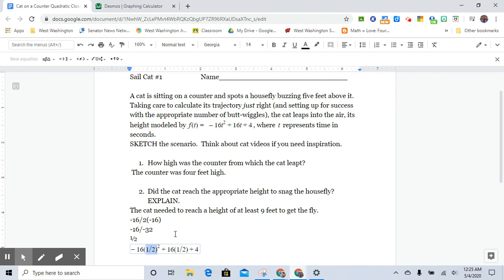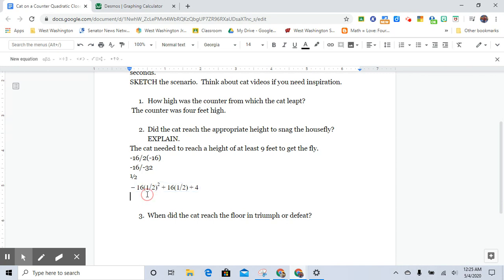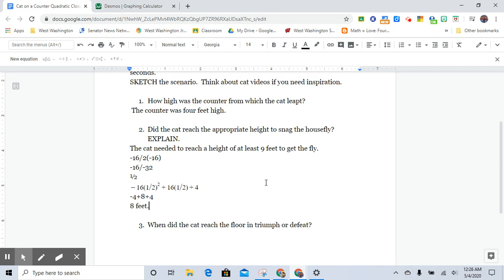It's 1/2 squared. And 1/2 times 1/2 is 1/4, and 1/4 of negative 16 is negative 4. And then here, 16 times 1/2 is 8, and then 4. And so those two 4s are going to cancel out. That's so nice. And so the elevation is 8 feet. The cat won't win.